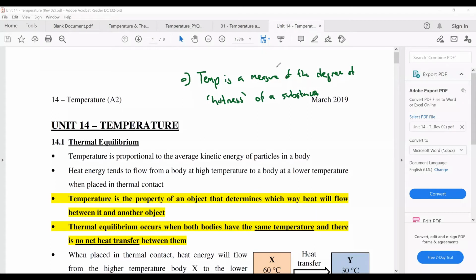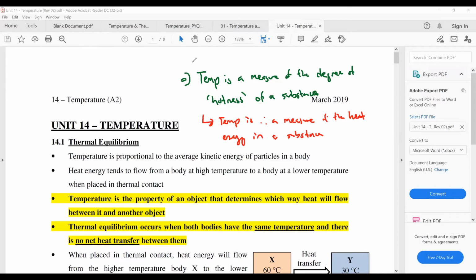Then you might have come to another conclusion that temperature is therefore a measure of the heat energy in a substance.